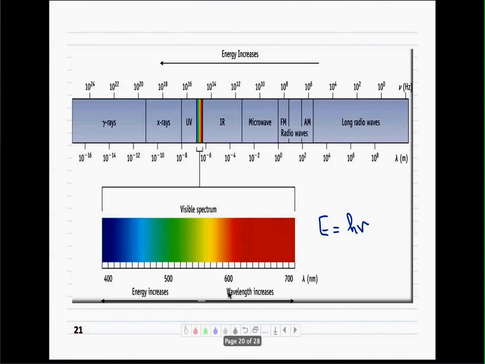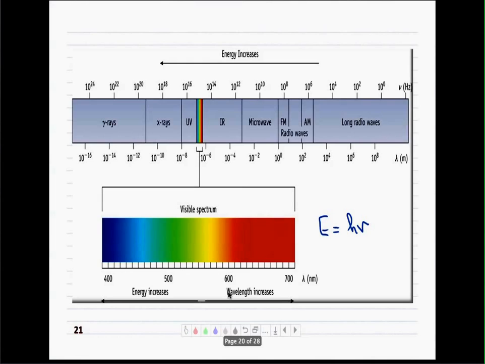X-ray has less energy than gamma radiation, but it has a longer wavelength. So energy and wavelength are also inversely proportional. In other words, this is how the wavelength is increasing, and this is how the energy is increasing.